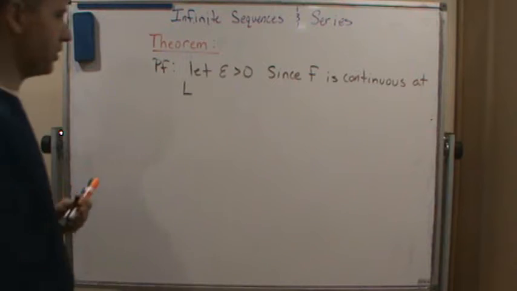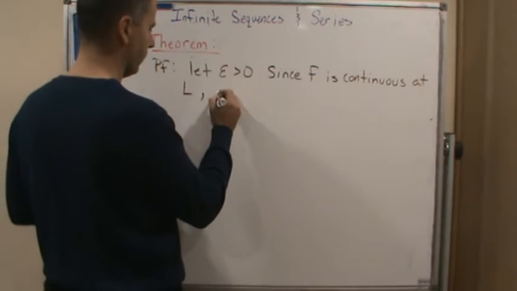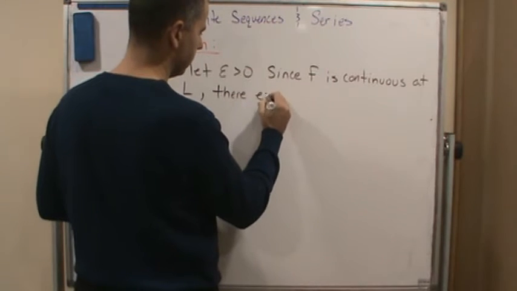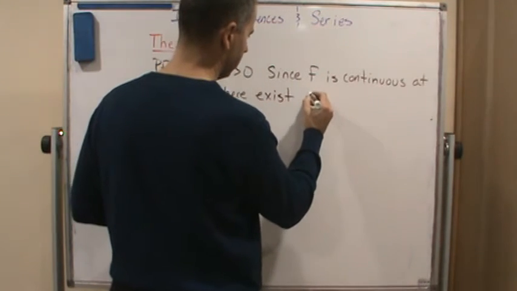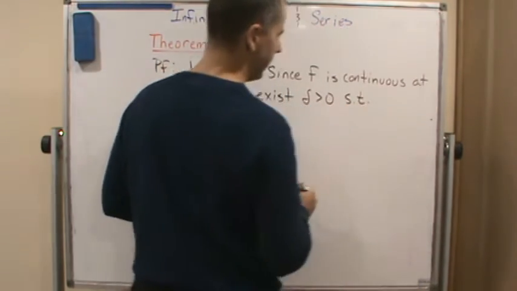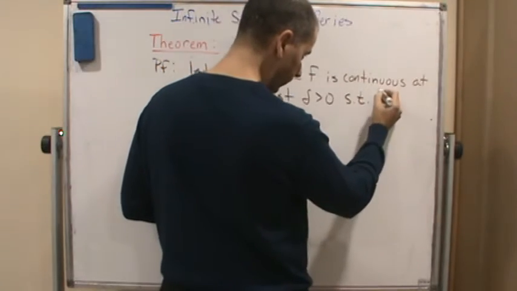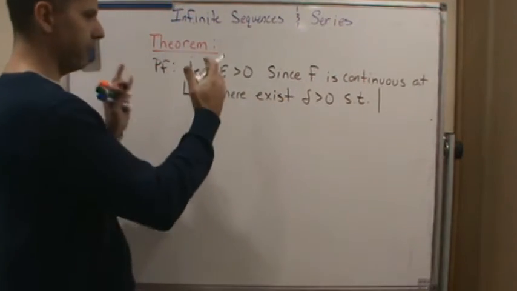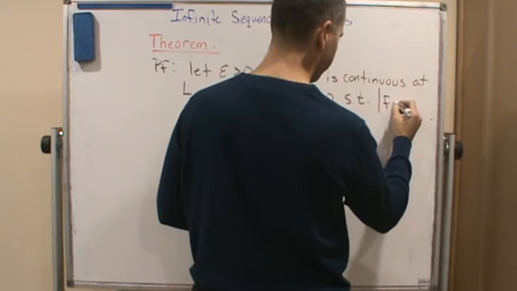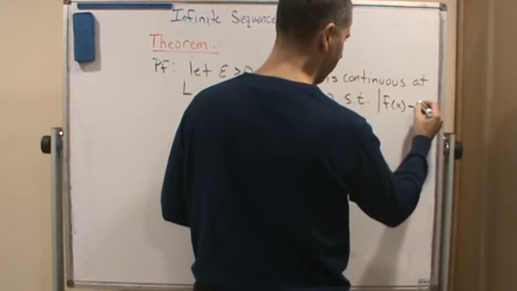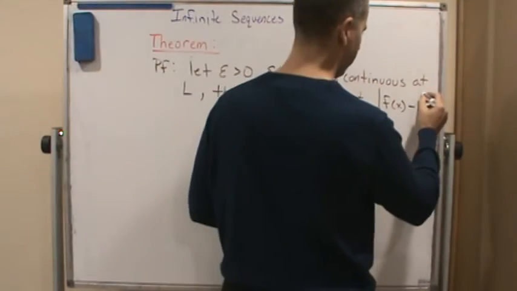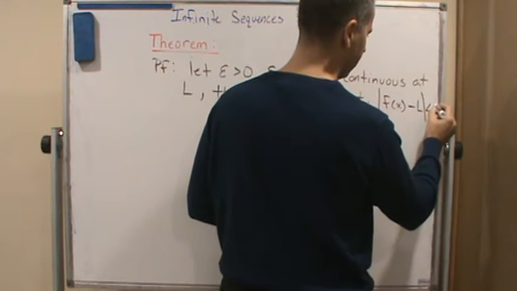So by the definition of a limit, there exists a delta greater than 0 such that the absolute value of the distance between the function f of x minus the limit has to be less than epsilon.